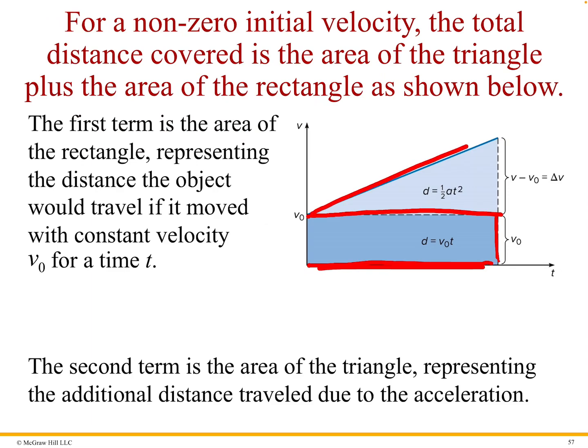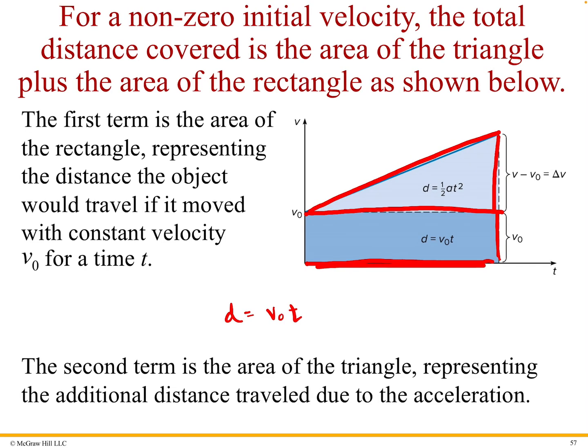But then it has this triangle situation, which is where the 1/2 base times time squared comes in. So it's possible that you could have to use the initial velocity times the time, plus 1/2 AT squared. This is also what's called a kinematics equation.